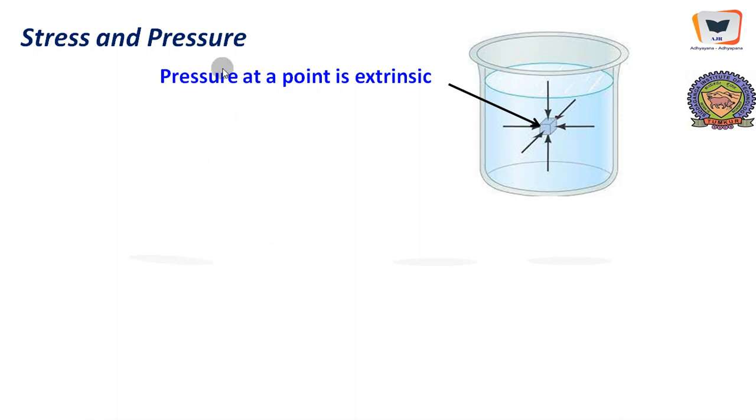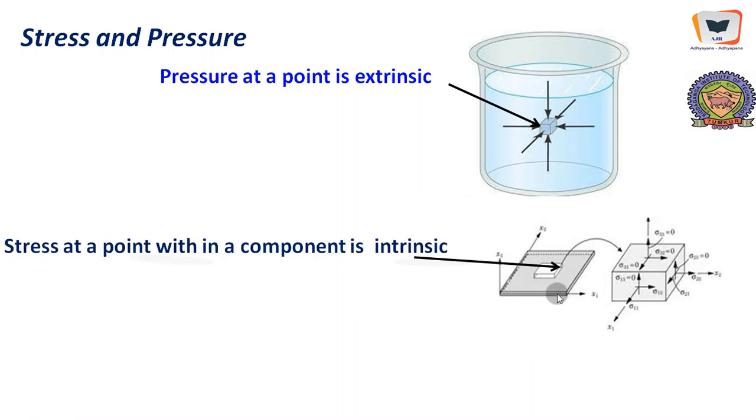In order to differentiate them, here is an explanation. Pressure at a point is extrinsic. Here is a liquid, and we have considered a point somewhere at a particular depth. If you consider this particular point, a particle within the fluid, of course exaggerated, the pressure acts externally on every point here.